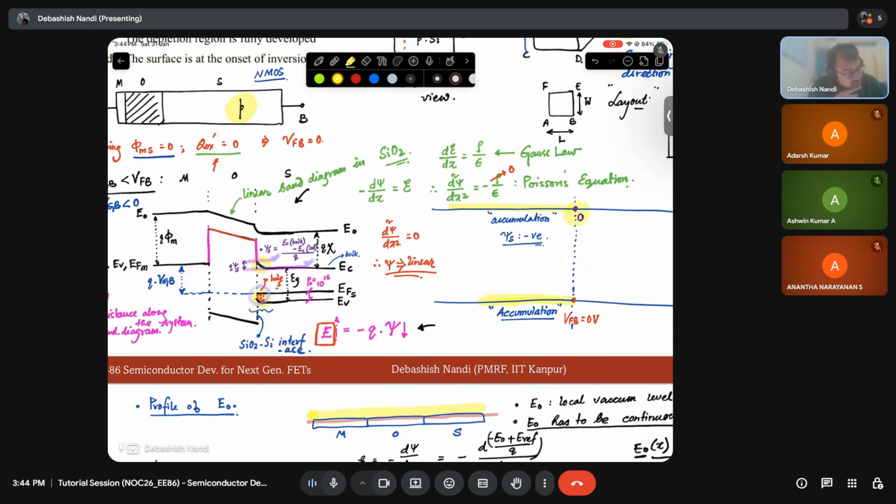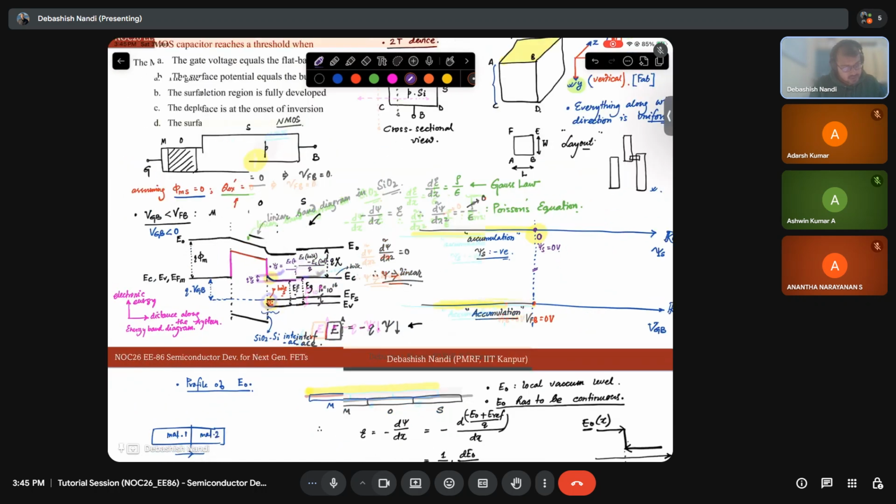So that is why at flat band your surface potential is 0. This corresponds to the same line, VFB equal to VFB. This you can get from your Poisson equation understanding as well. Bands are flat, that means psi is 0. Of course, this double derivative will also be 0, right? So that is your flat band.